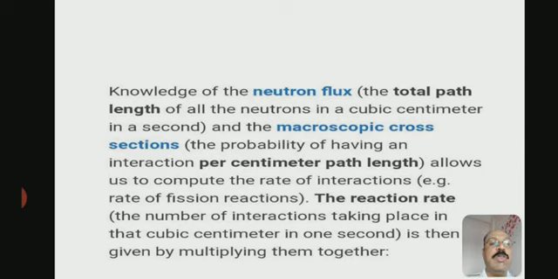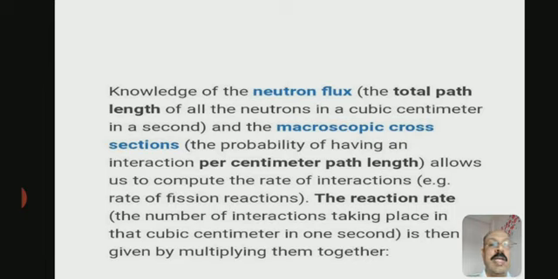Knowledge of the neutron flux, that is the total path length of all the neutrons in a cubic centimeter in a second, and the macroscopic cross section, that is the probability of having an interaction per centimeter path length, allows us to compute the rate of interactions, for example the rate of fission reactions.